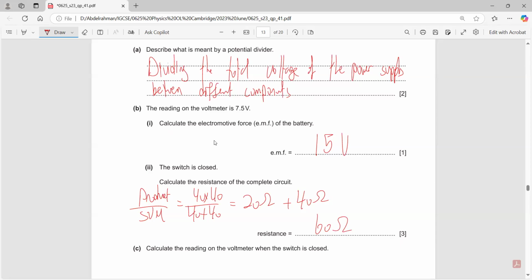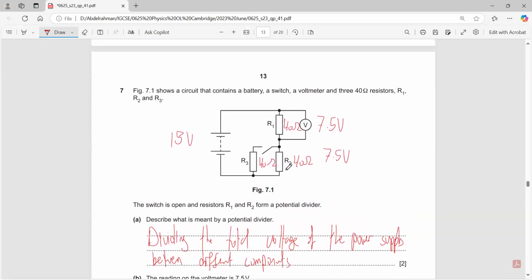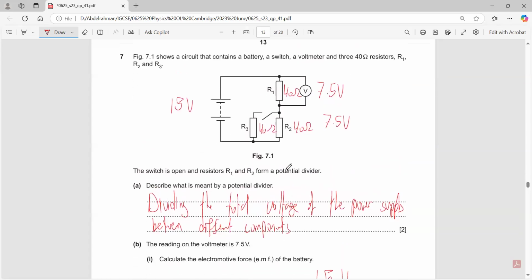Can I find the reading on the voltmeter when the switch is closed? Yes. Some of you might say V equals IR, which is not wrong. To find the total current, you'd say I equals V over R, so 15 over 60, which is 0.25 amperes.